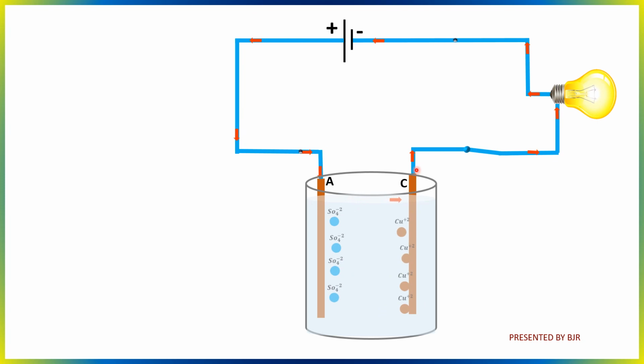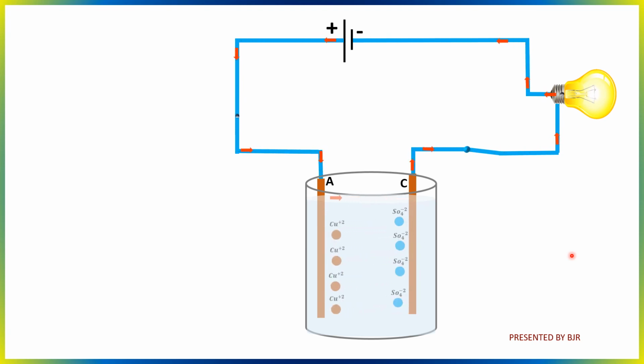However, electrons in this metallic conductor are moving from negative to positive only. You can observe, see here, how this electron is moving. They are moving from negative to positive terminal of the battery. Great. So this is all about the conventional current and electron current.